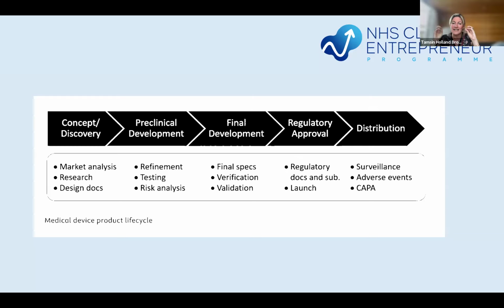Just understanding the smallest bit around that: suppose your app is a medical device, there are certain regulatory approvals that it will need. When you're doing your user testing, some of that will tick some boxes for you later in your regulatory approval. So if you've got some understanding of that, you might have a look at how apps are medical devices and what things you need in the regulatory process.